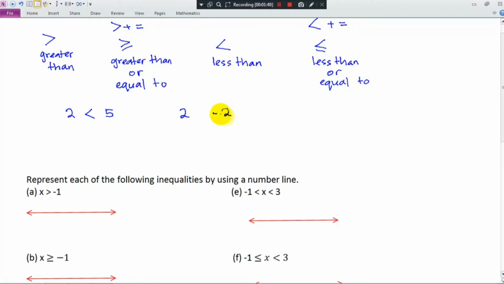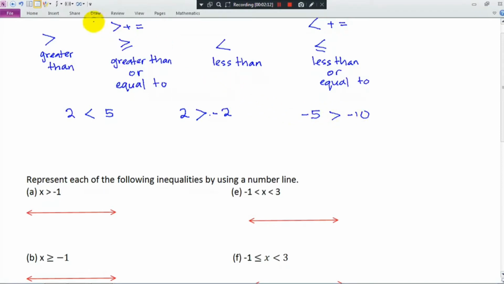Which one is smaller? 2 is greater than negative 2, so I have to use this symbol. Try one more. Let's say you have negative 5 and negative 10. Which one is smaller? Negative 10, right? So 2 is less than 5. 2 is greater than negative 2. Negative 5 is greater than negative 10.